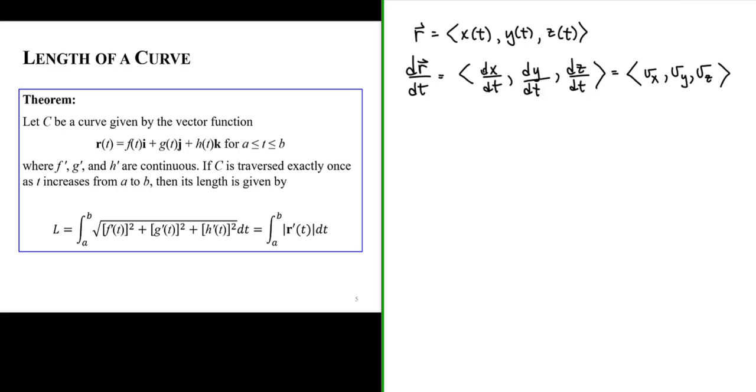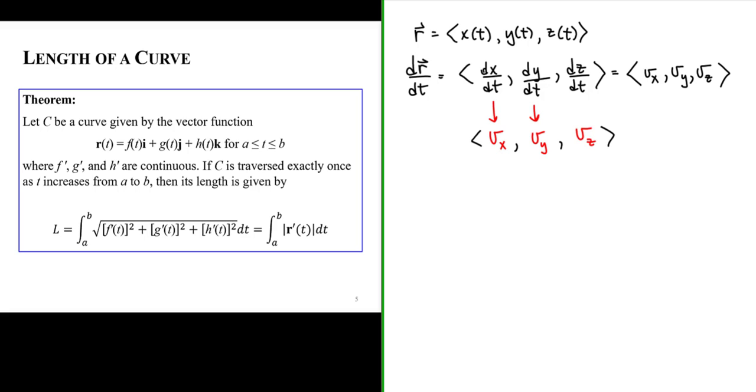So what this gives us is three components. It gives us an x component for the velocity of our derivative function, a y component for the velocity, and it gives us the z component for the velocity of our position function.